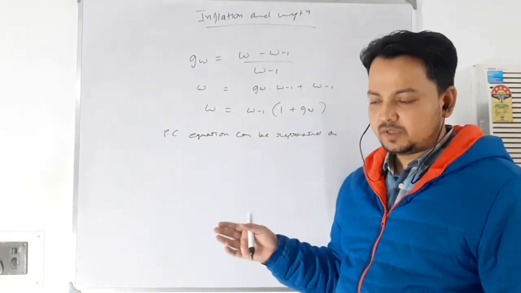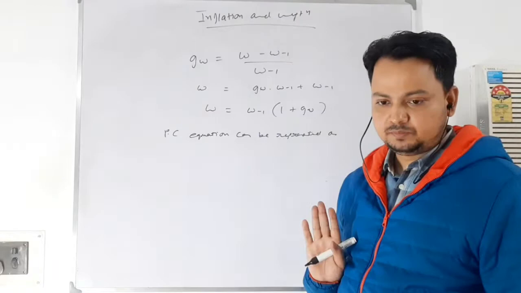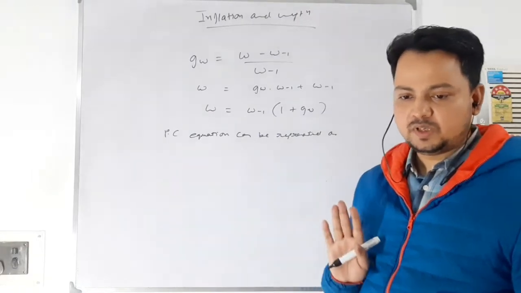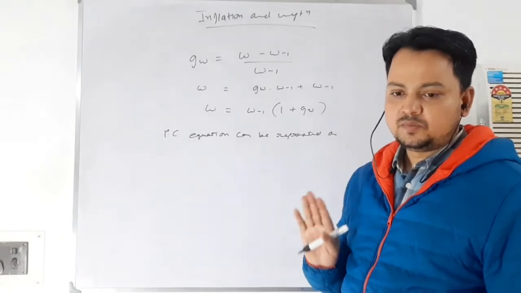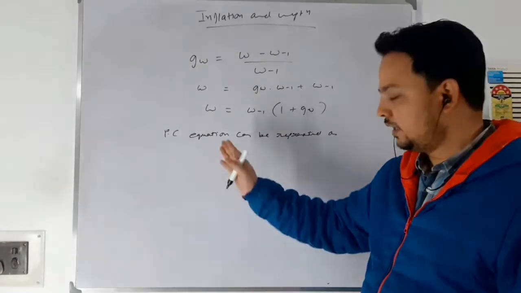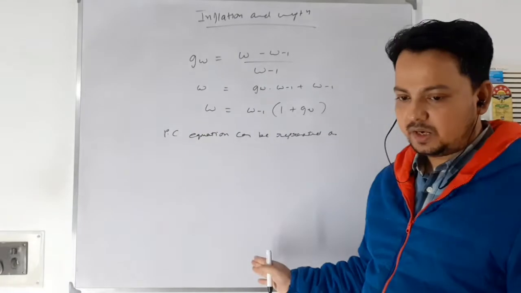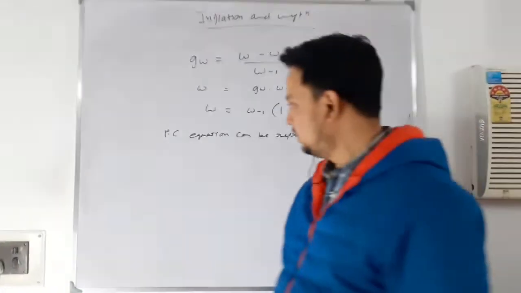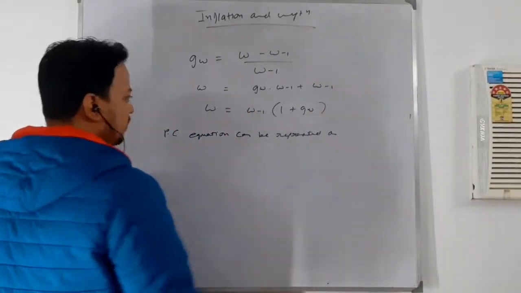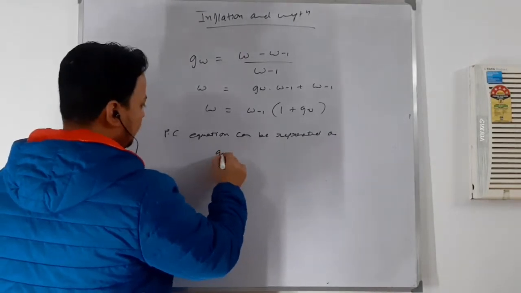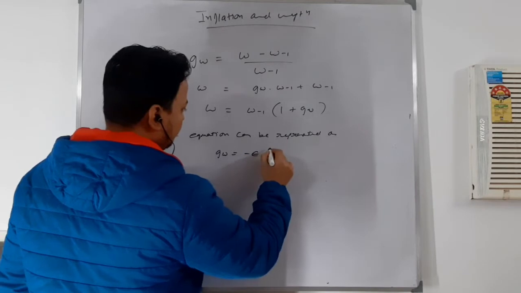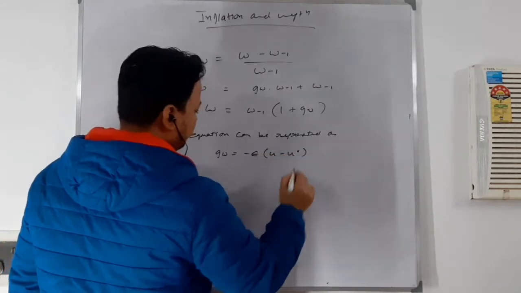What is the policy implication? You cannot reduce both at the same time. It is based on only empirical study. Later on, we provide a theoretical foundation to the Phillips curve. This is a negative relationship between wage inflation and unemployment. So the Phillips curve equation can be represented as, wage inflation equals minus epsilon times u minus u star.